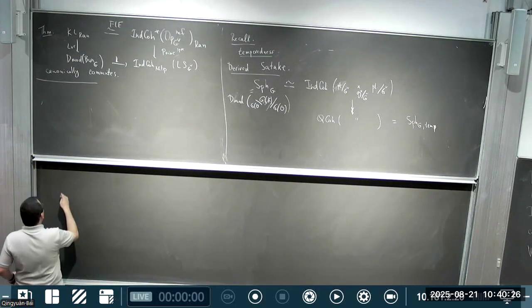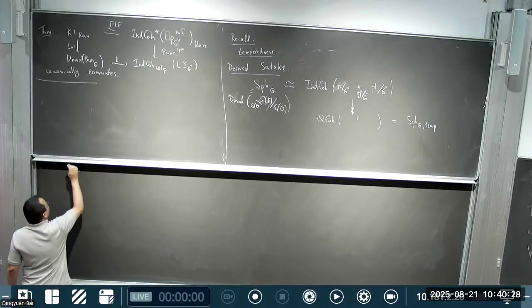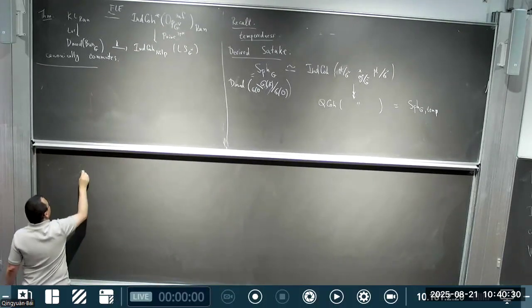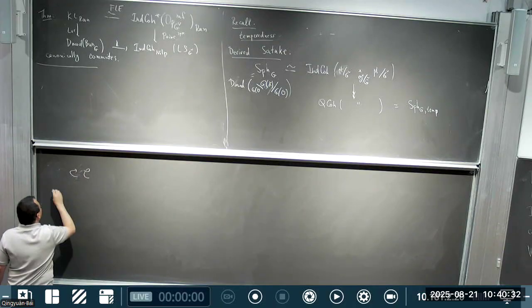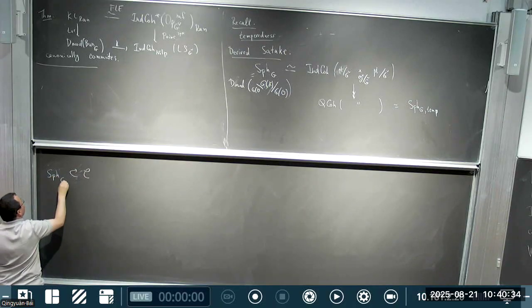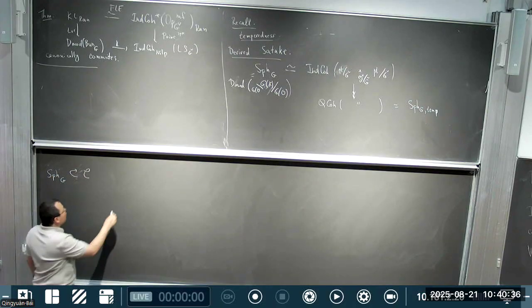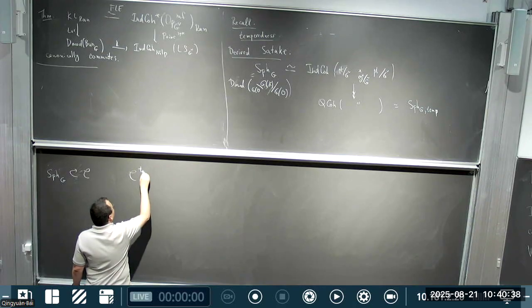So in general, if I have some category with an action of the spherical category, then I can form the tempered version.